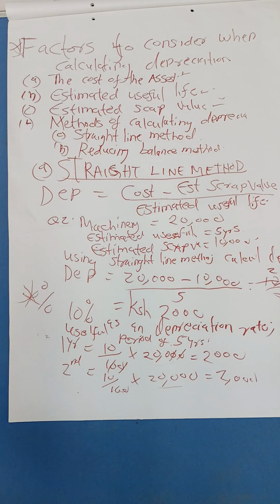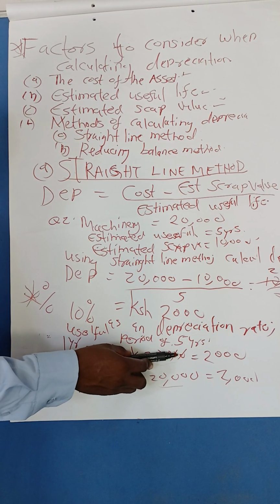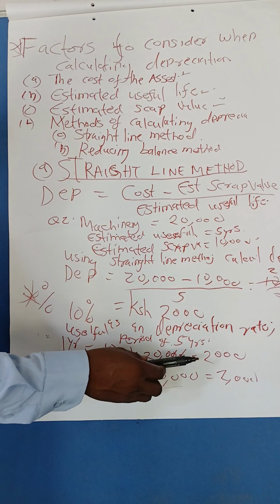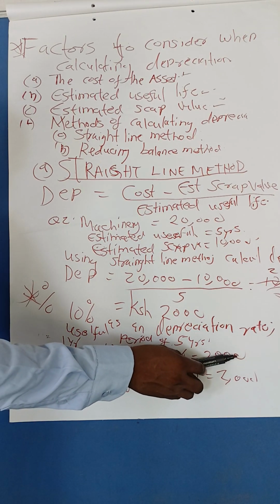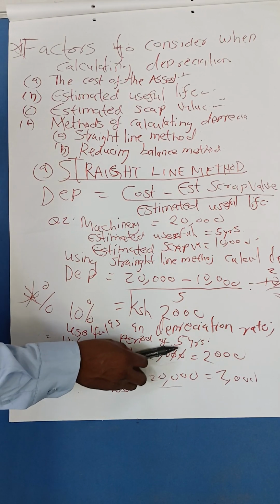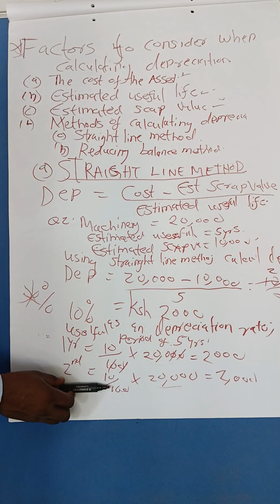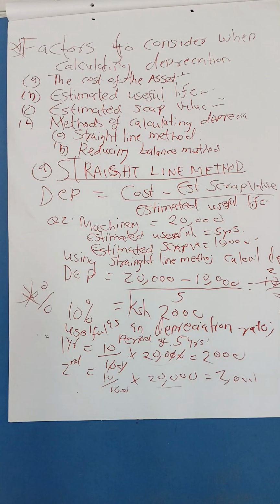In reducing balance, we are going to be reducing the original cost. If the first year is 2,000, you subtract it from 20,000, and you calculate the depreciation of the next year with 18,000. Good. So let's do the reducing balance method.